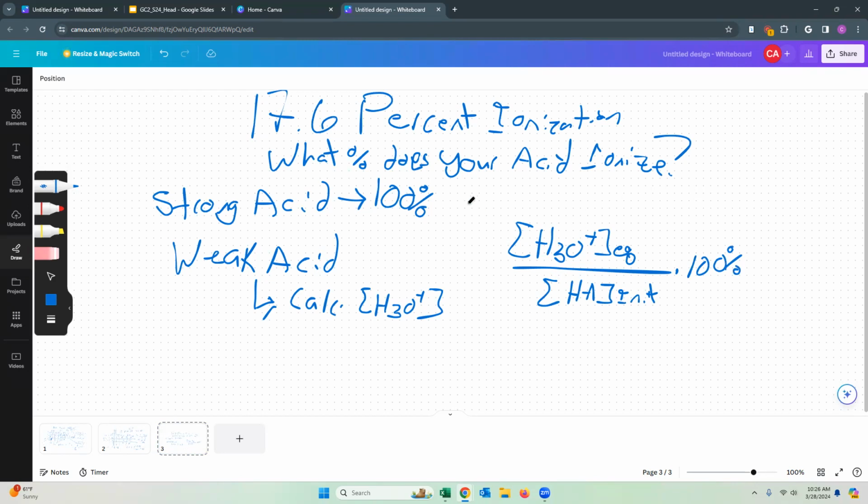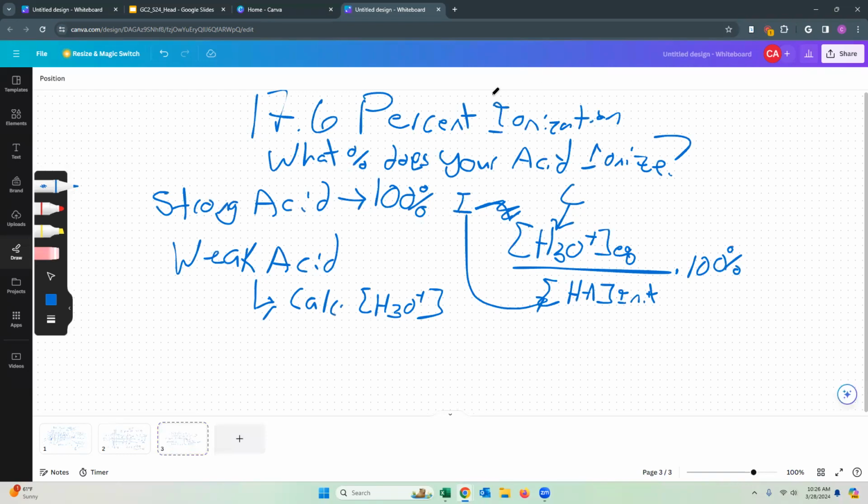Or if we want to think about it in the ice table, for your acid, your initial is down here and your change is here. Because remember, for an acid, if you don't start with any H3O plus to begin with, it's going to be how much acid broke down.